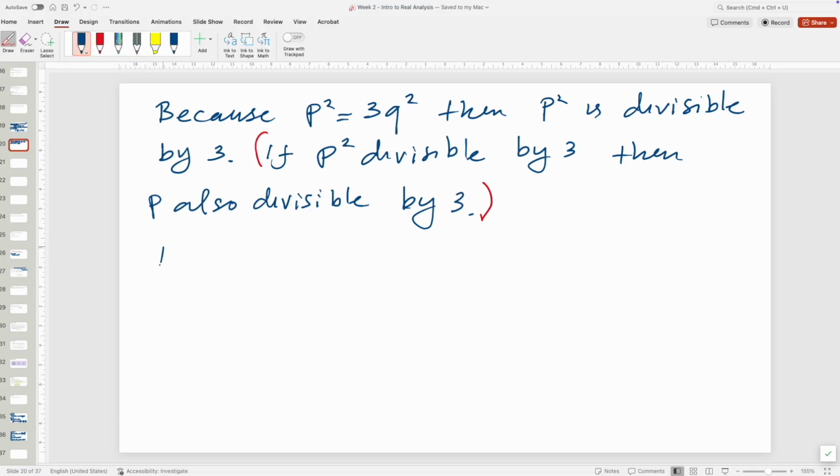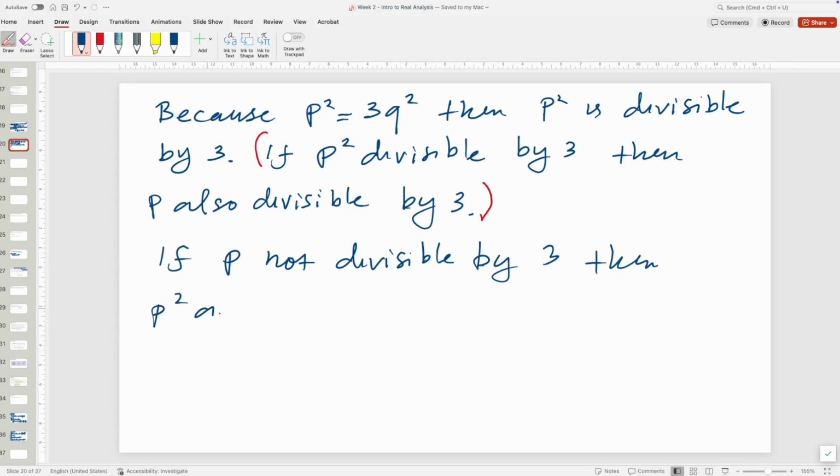The negation is not Q implies not P. That is, if P is not divisible by 3, then P squared is also not divisible by 3. Okay, what is meant by divisible? If I say that 6 is divisible by 2, what does it mean?